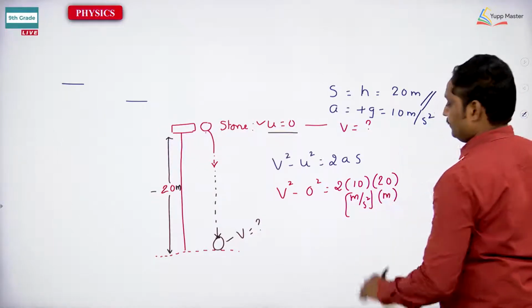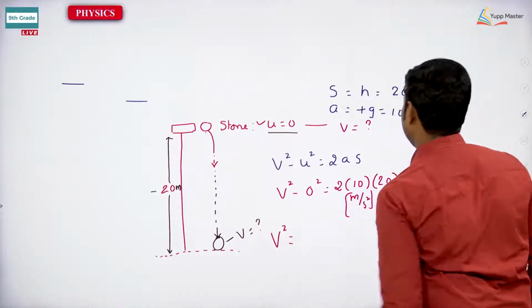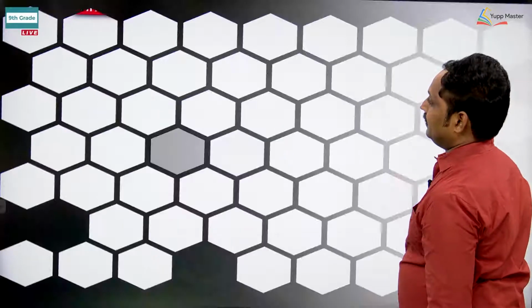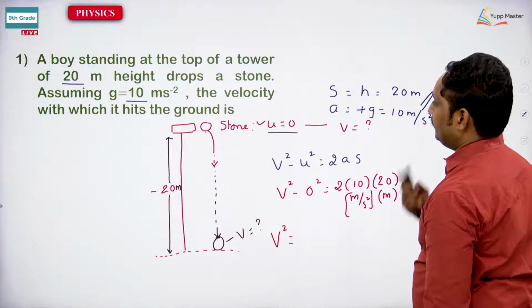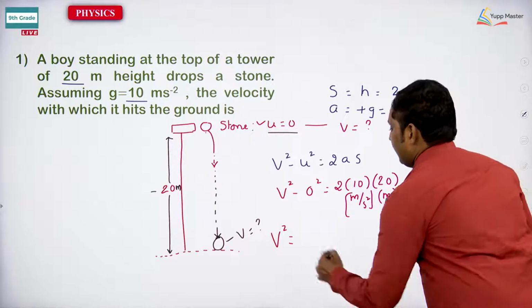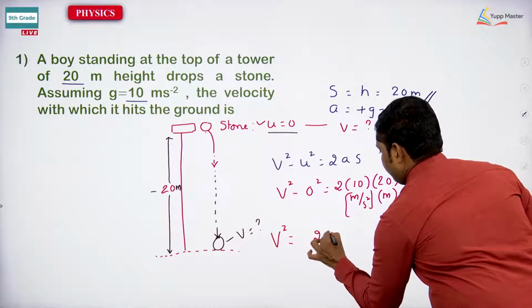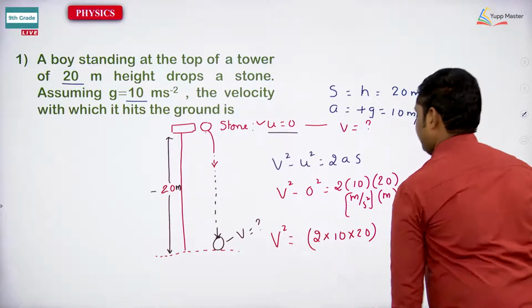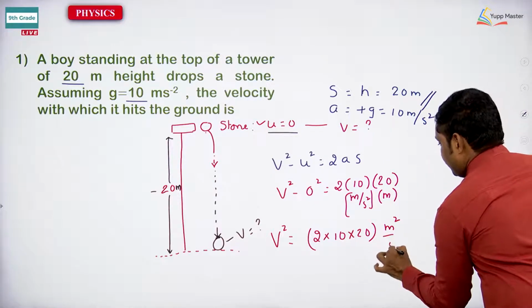So v square is equal to 2 into 10 into 20, that is meter square per second square.